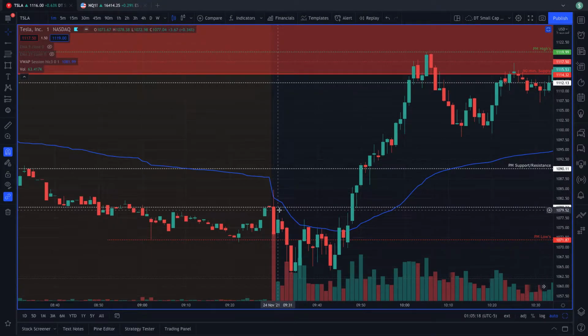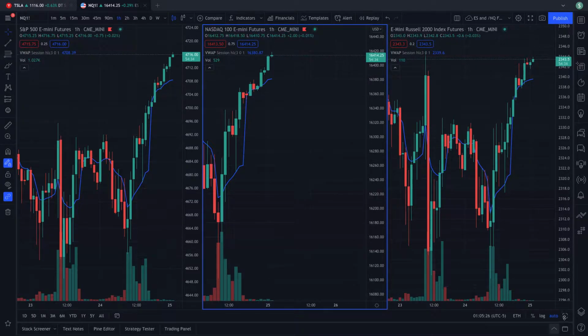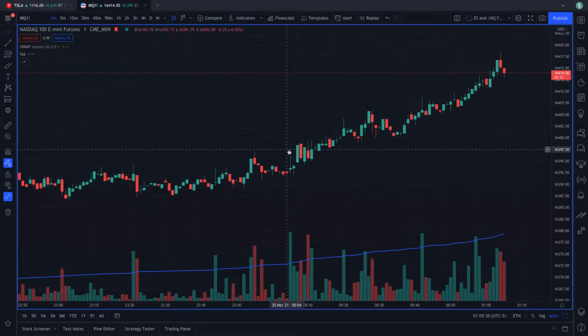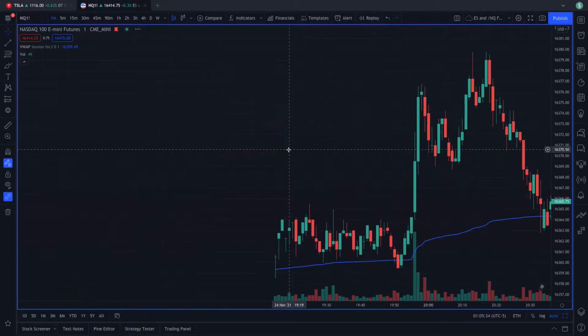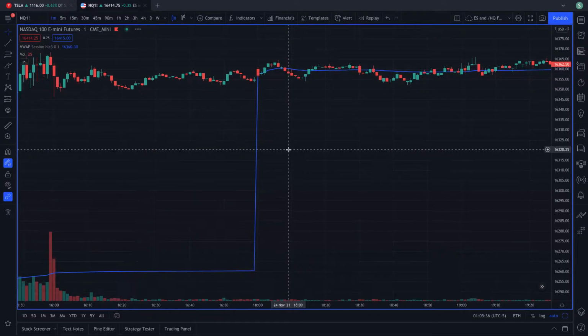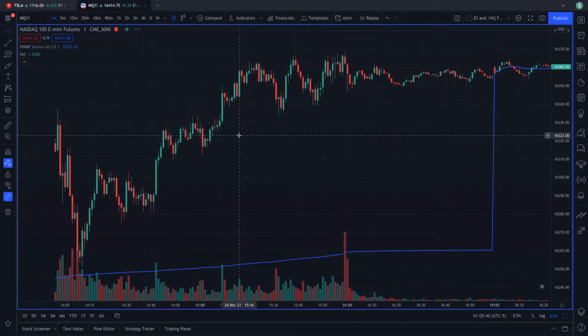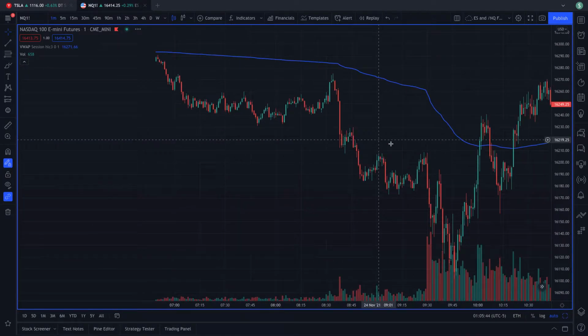Now I have to also look, even before I trade Tesla, right? I have to look at the overall market. So I'm looking at NQ futures here. You can also look at QQQ stocks. Okay, I'm gonna go to 1 hour time frame. This morning at 9:30, I have to scroll back all the way.